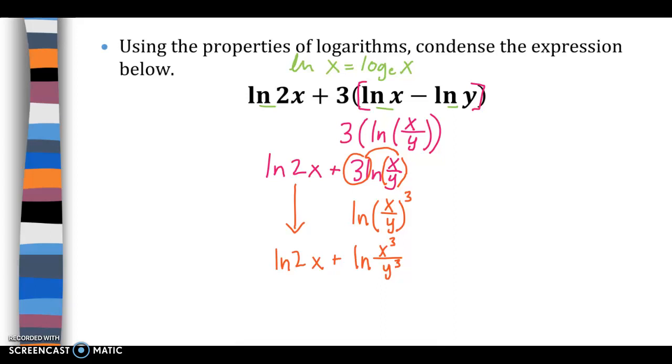Now, what do I have? I have a sum, which signifies the product rule. So this becomes the natural log of 2x, that first part, times what's inside of the second log, x cubed over y cubed.